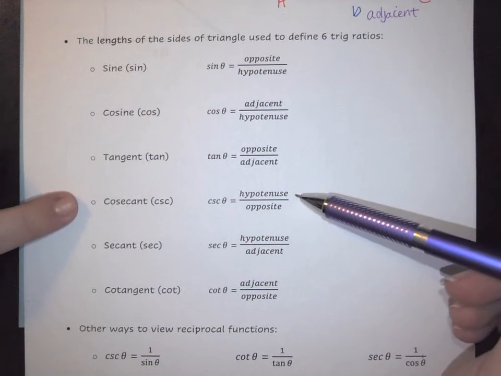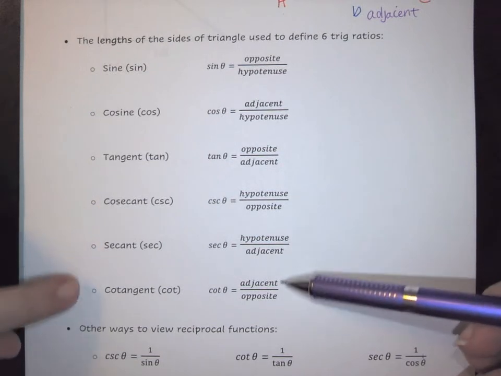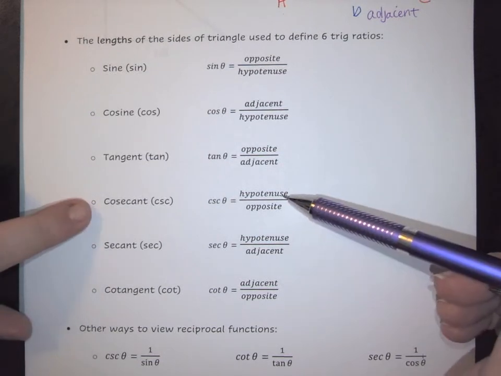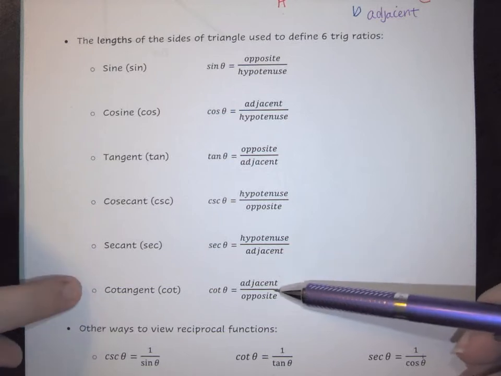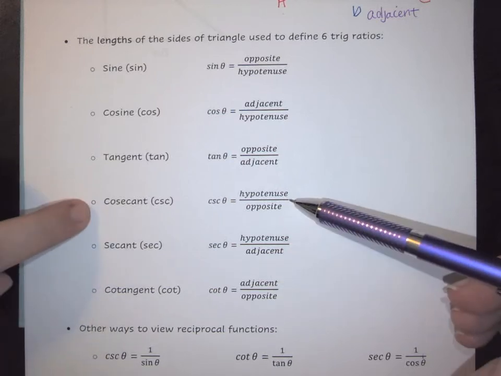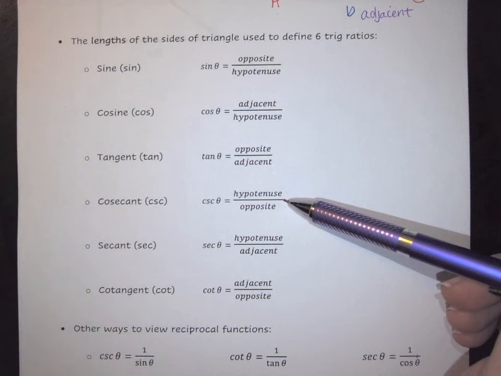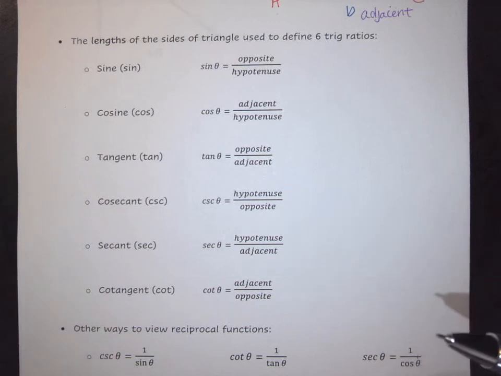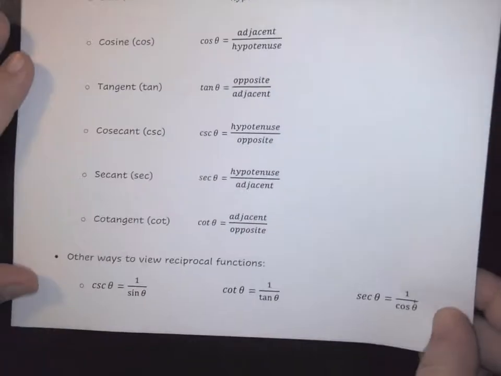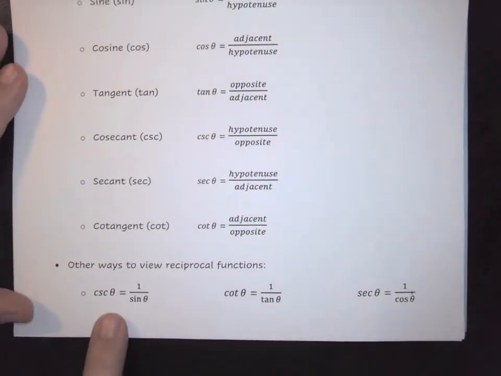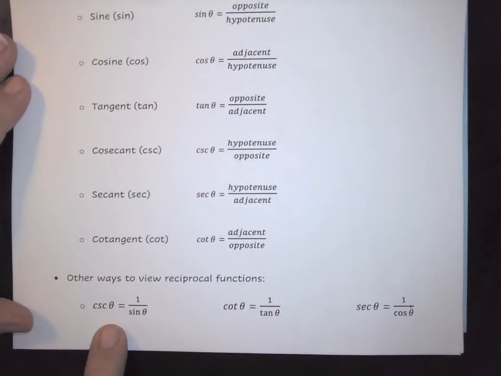Now with that, we have what are called the three minor functions. We have cosecant, secant, and cotangent. Cosecant is the reciprocal of sine.